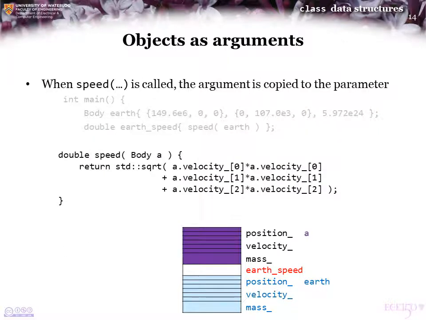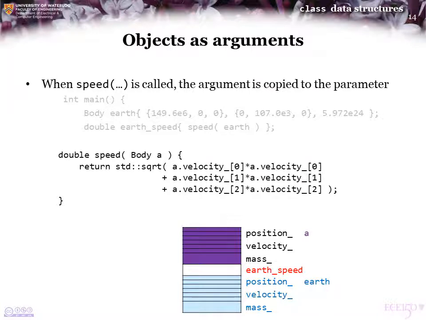When speed is called, the argument, Earth, is actually copied over to a new instance of the class body. So a parameter of type body is created. It occupies 7 doubles, or 7 times 8, or 56 bytes, and all of this information is copied over from the Earth instance of the class.